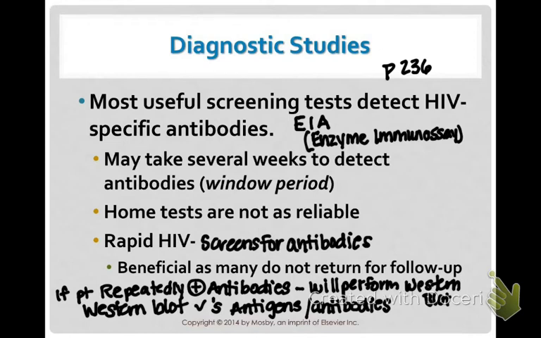It's just not as reliable because of that. And then treatment could be delayed. It's not recommended to do home tests, but people still do them.